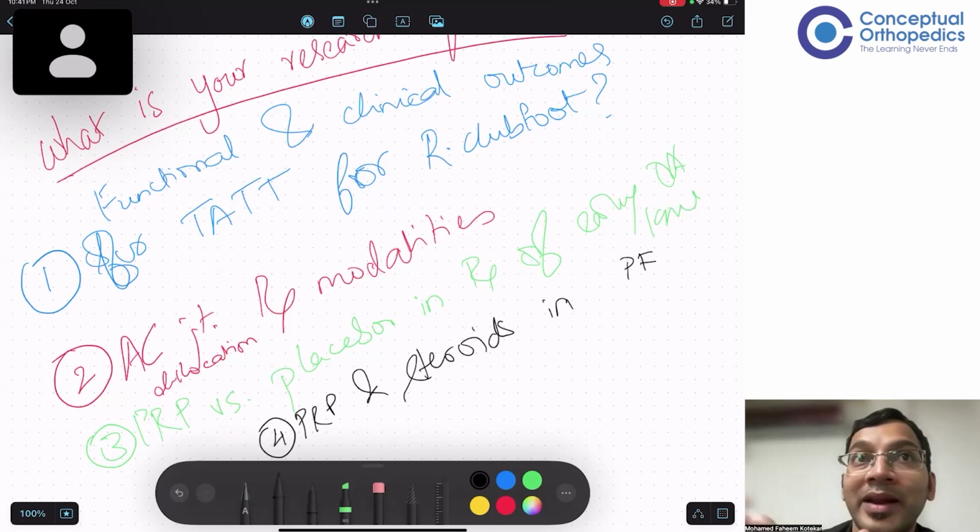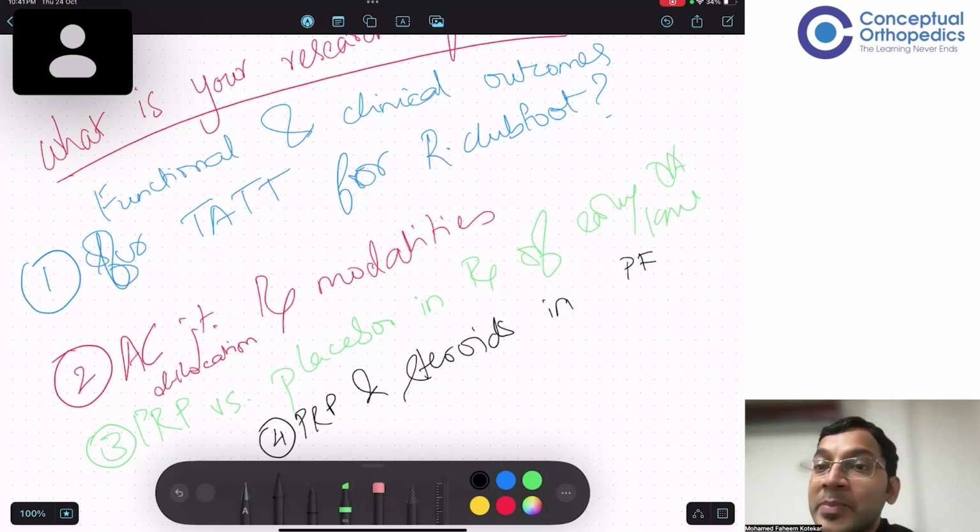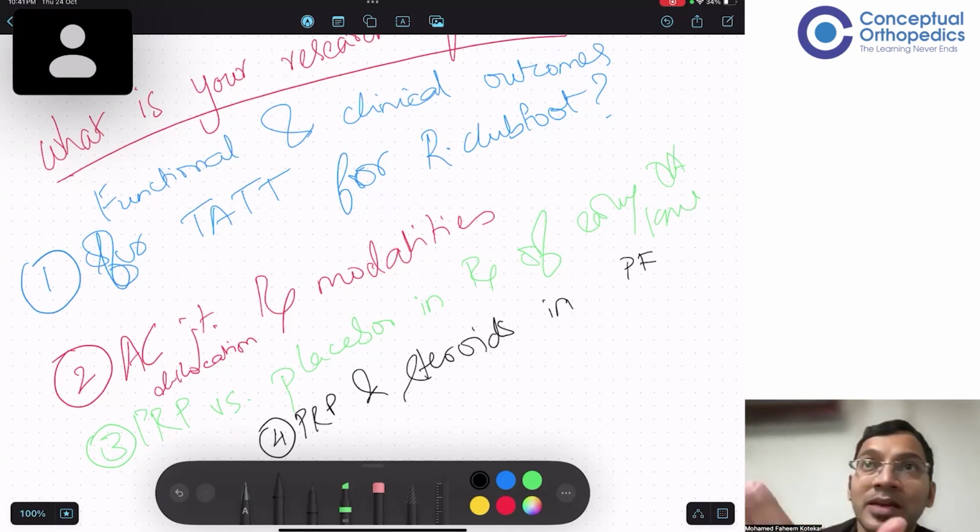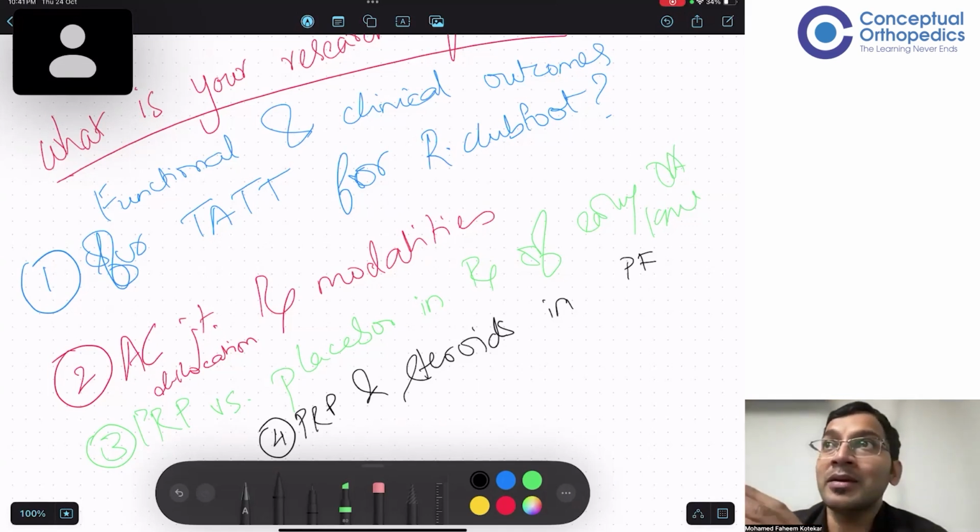So you are describing the different types of treatment modalities which are present with AC joint, and you're telling that you have done this in 20% of cases, this in 30% of cases, and in the end you can tell how the functional outcomes were in those patients, but you're not comparing them with each other, you are just telling them.